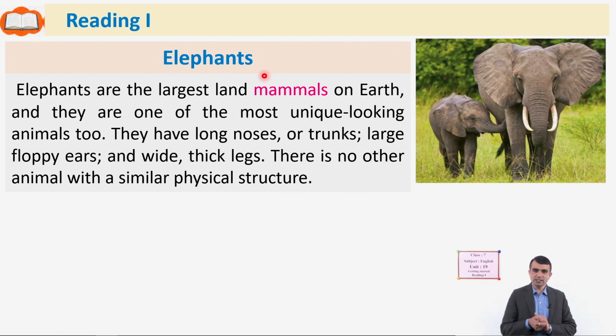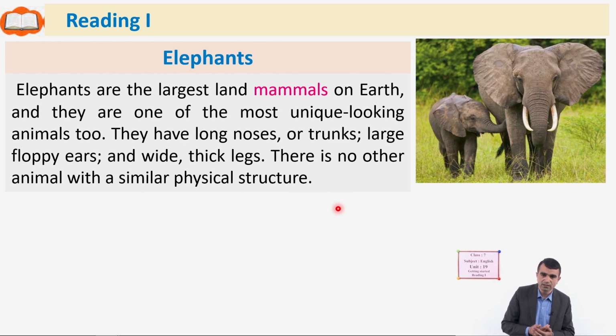Now let's read. In the course of reading, if there is any new vocabulary, difficult word, we'll talk about that as well. In your book there are several words which are highlighted with red color. So we will talk about them as well. I will tell you the meaning so that it makes it easier for you to understand the text.